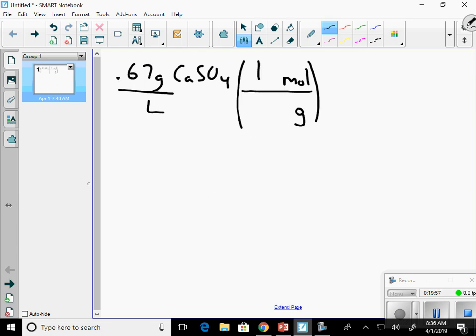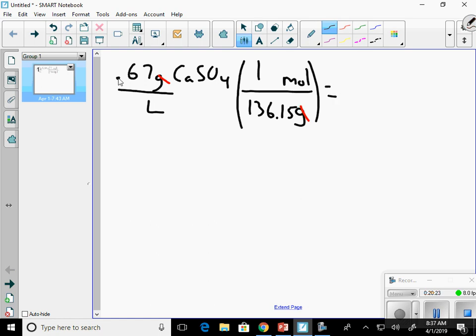We are doing a good old-fashioned mole conversion. You look up the mass of calcium, the mass of sulfur, the mass of 4 oxygens. That's 136.15. Because again, that allows grams on the top, grams on the bottom to cancel out.